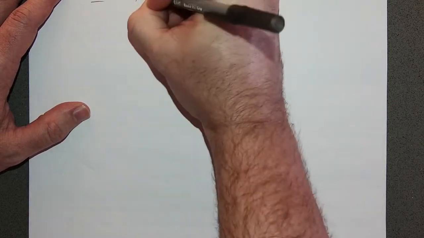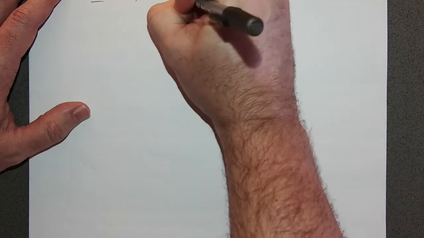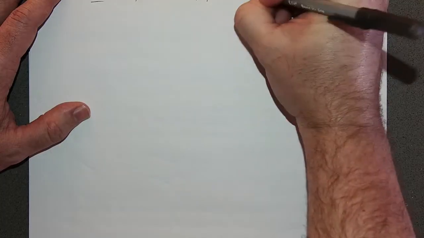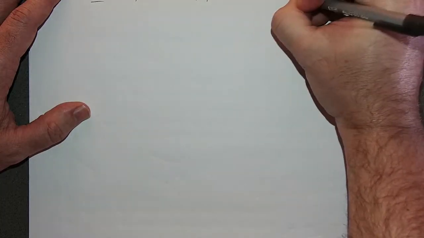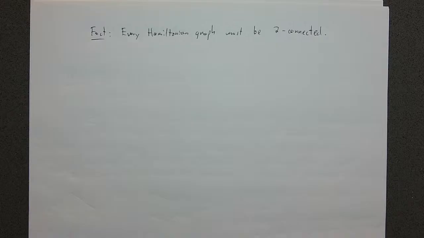Every Hamiltonian graph must be 2-connected. So two-connectivity is required for Hamiltonian graphs.